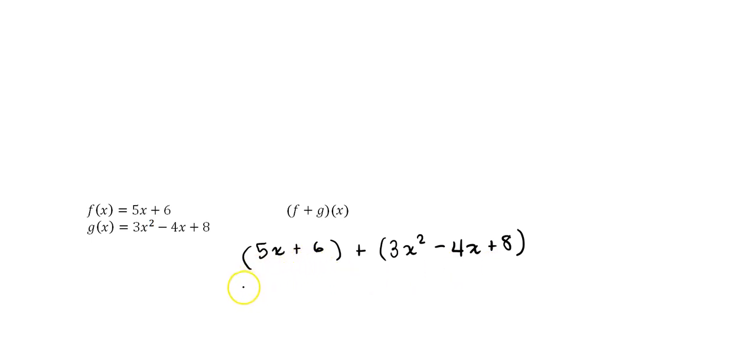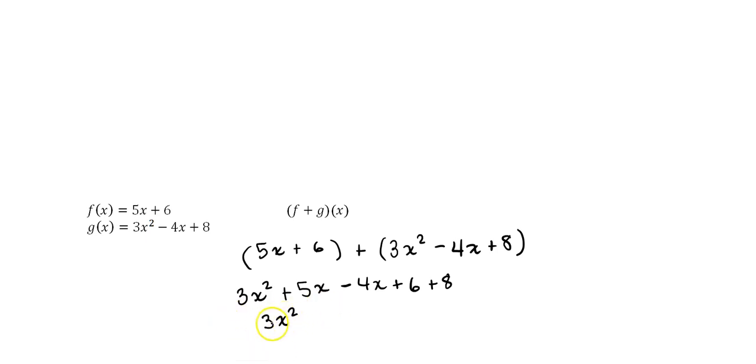And I'm going to go ahead and do my commutative property here. So I'm going to have a 3x squared plus 5x minus 4x plus 6 plus 8. All right, so I've got my 3x squared.